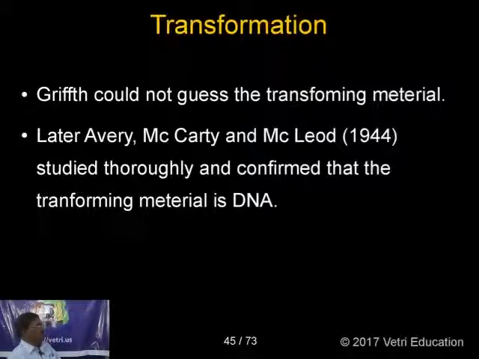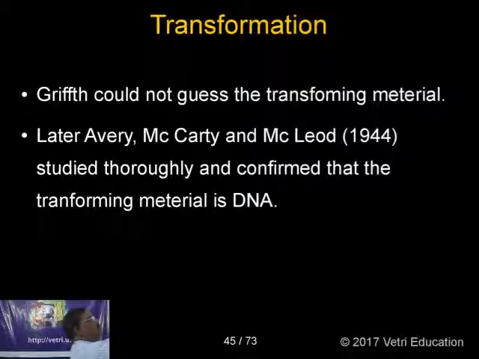But later, Avery, McCarty and MacLeod in 1944 conducted an experiment and found that the transforming principle is DNA. The DNA is transferred from one bacterium to another so that the bacterium acquires the characters of the poisonous one.